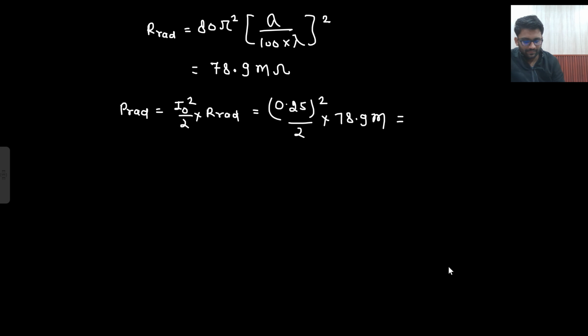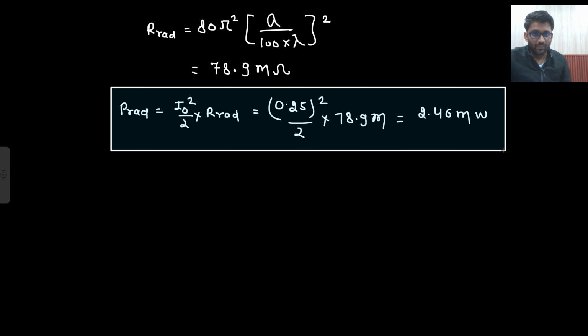So what we are getting? Into 0.25 into 0.25 divided by 2. And if I do 1000, then I am getting 2.46 milliwatt. I hope the calculation is correct.